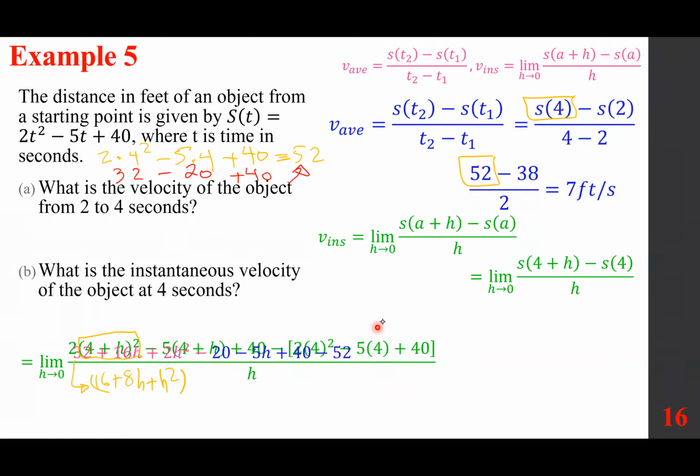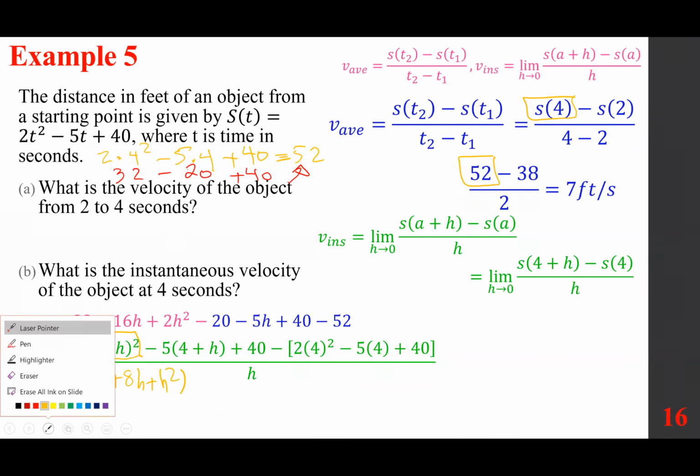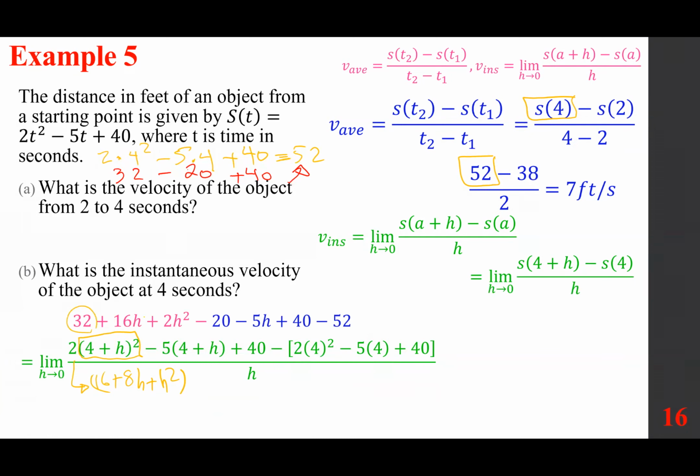Let's put it in. Now let's combine the numbers. 32 minus 20 plus 40 minus 52. They add up to 0. 16h minus 5h.